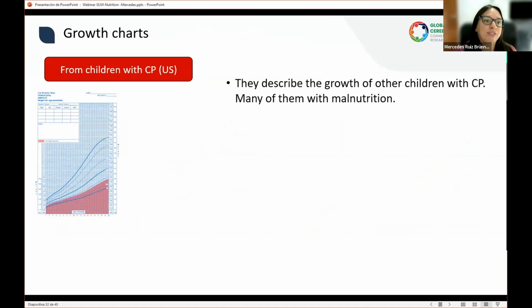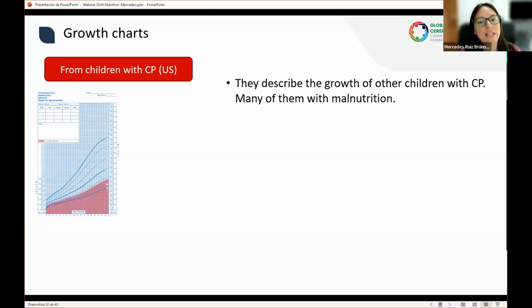The growth charts from children with CP were taken from a database of children from the US. They describe the growth of other children with CP. Many of them were having malnutrition, and that was not a criterion to enter the study.